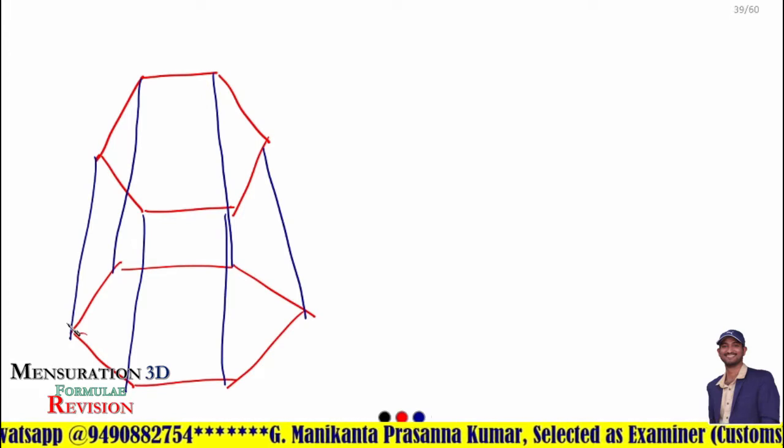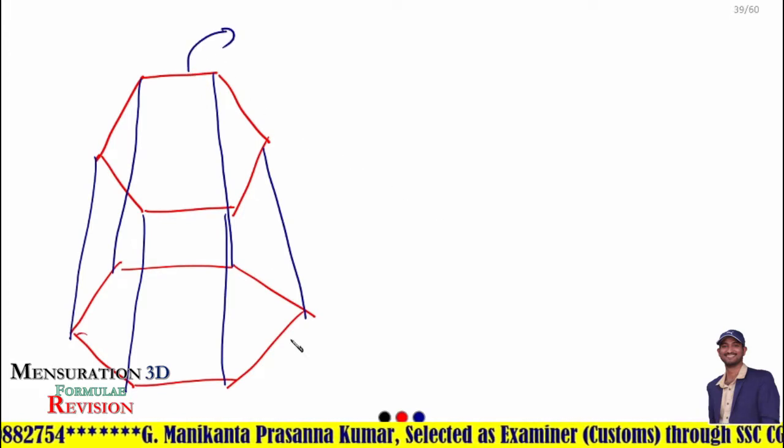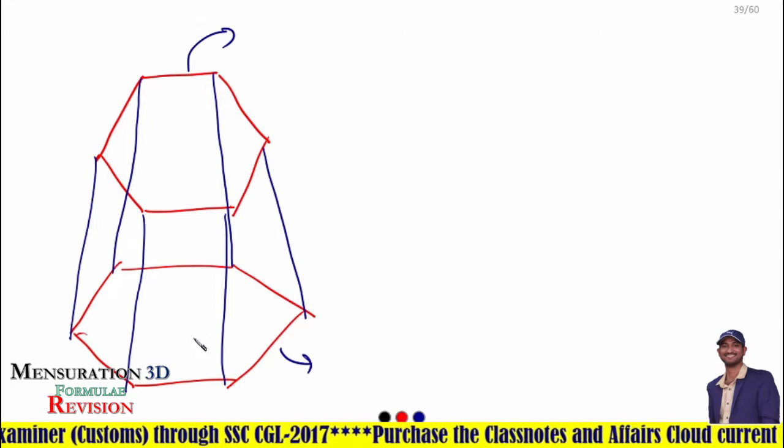Whenever you take any frustum, definitely the top polygon and base polygon are the same, but with different lengths. If top is hexagon, then bottom is also hexagon. If bottom is square, then top is also square.